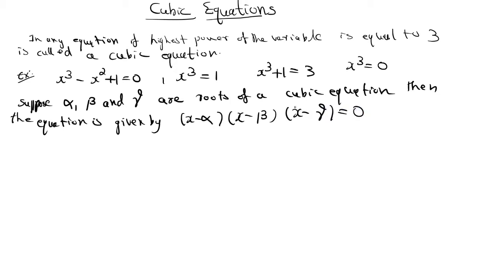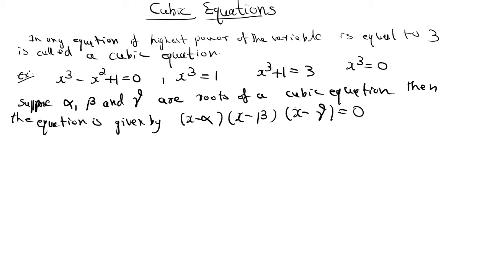We know that a linear equation has only one solution. For a quadratic equation, there exist two solutions. So for the cubic equation, there exist three solutions. We call them the roots of the cubic equation.